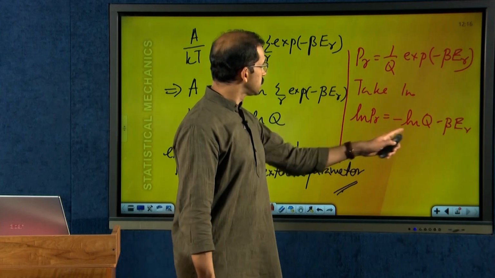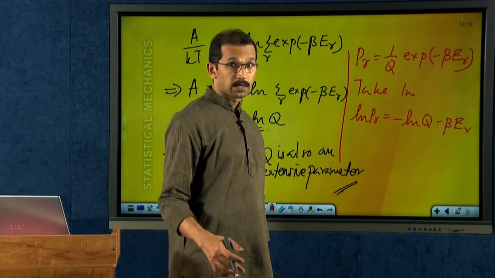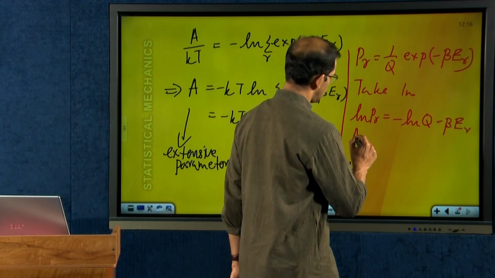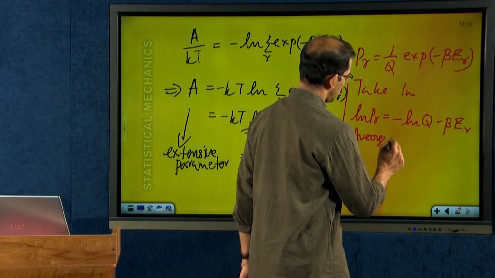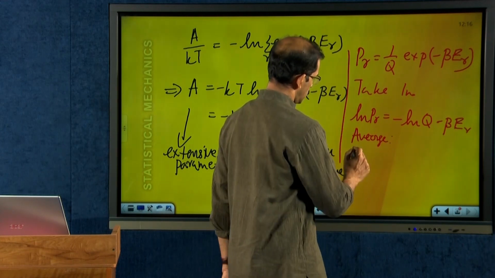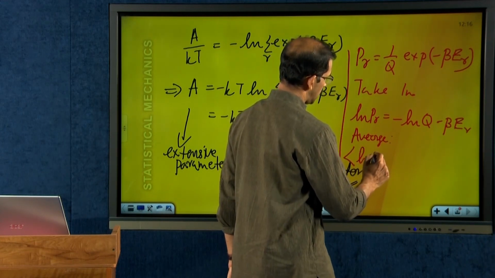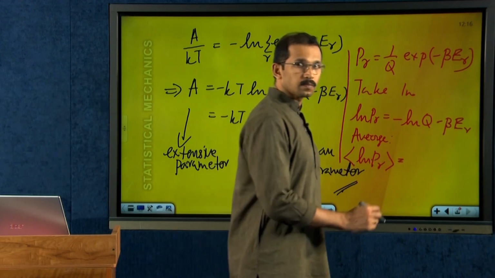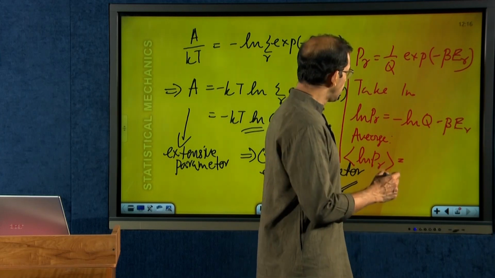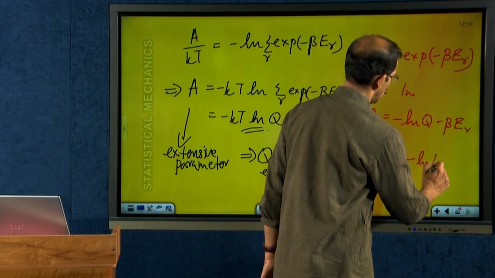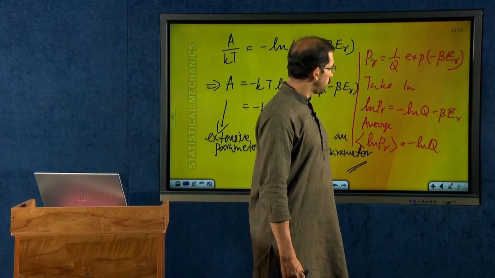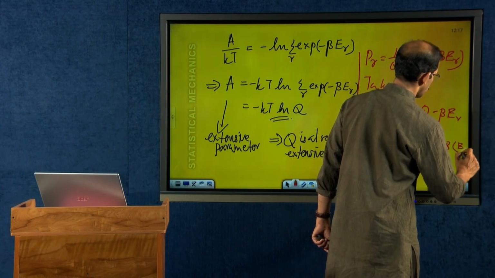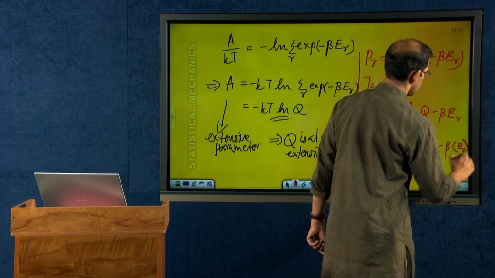So, ln P_r is equal to minus ln Q minus beta E_r, and if I take the average on both sides, the average of ln P_r is equal to minus ln Q minus beta average of E_r, right.